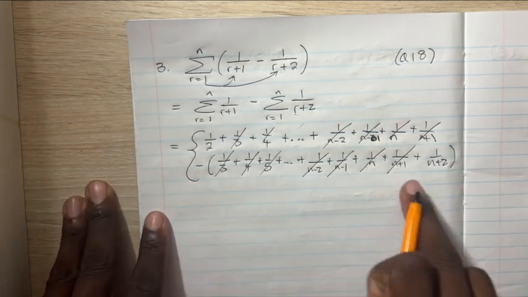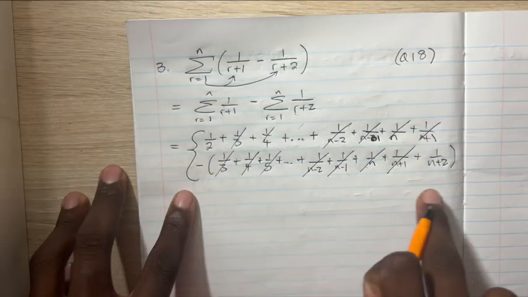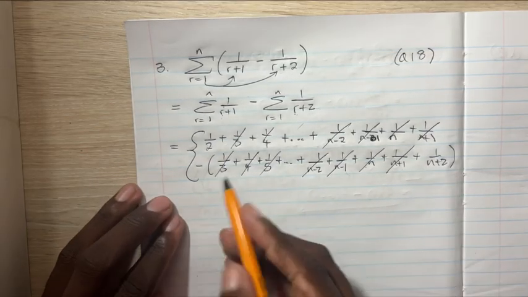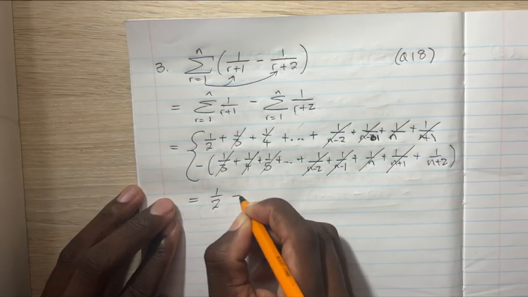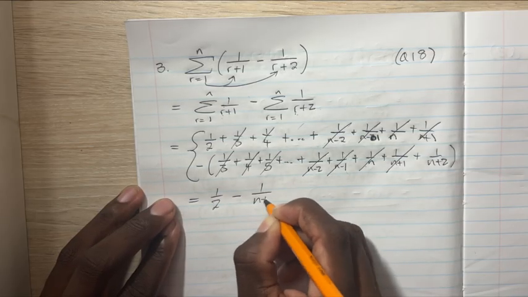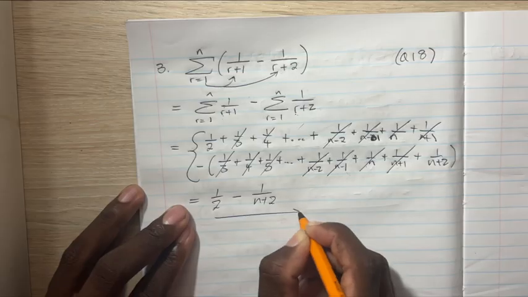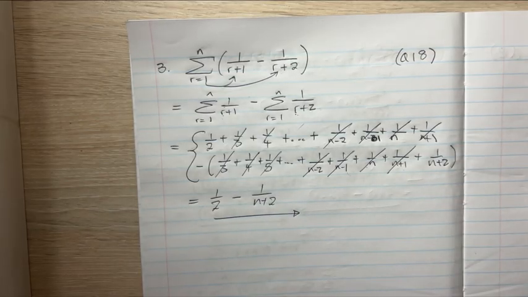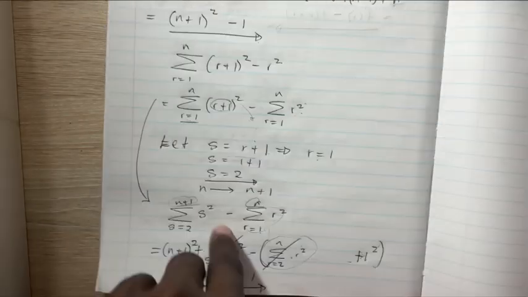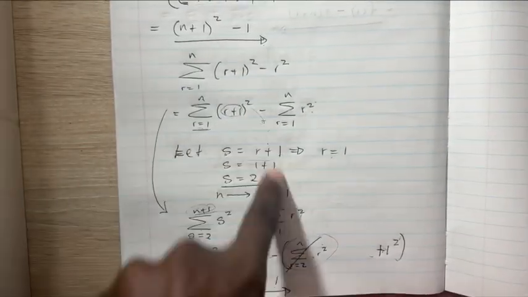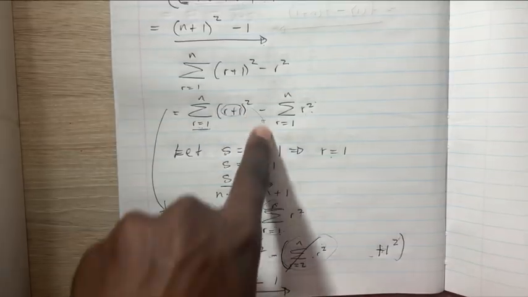Okay, so what do we have left? The first guy and the last guy. So that means we have a half minus 1 over n plus 2. That's your answer. That's your full answer for the question. Straightforward. I'd say this is slightly longer. So if you guys are complaining about telescoping, I think this is what you guys are talking about.